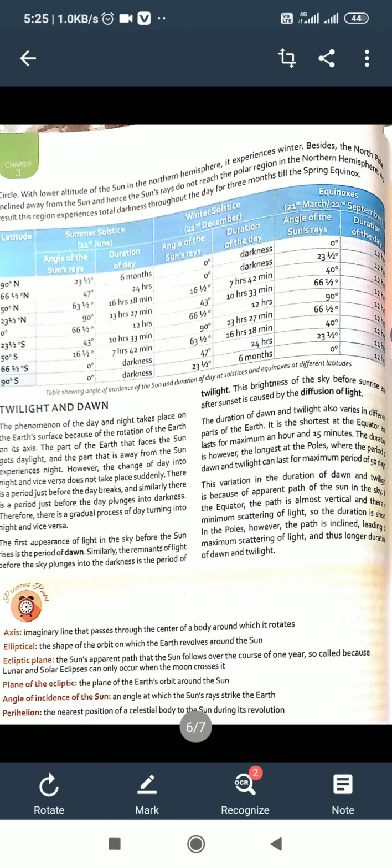On the other hand, in middle or high latitude, due to the inclined axis and curvature of the earth's surface, the sun has an inclined path at a low angle, so the duration of twilight or dawn and dusk is longer, which lasts for many days.